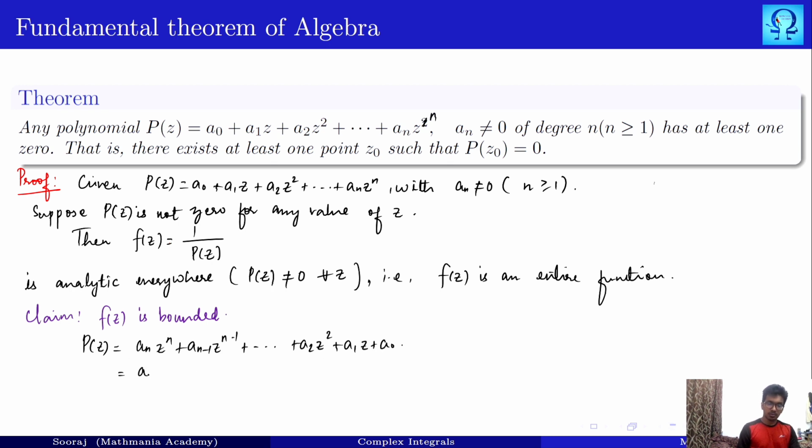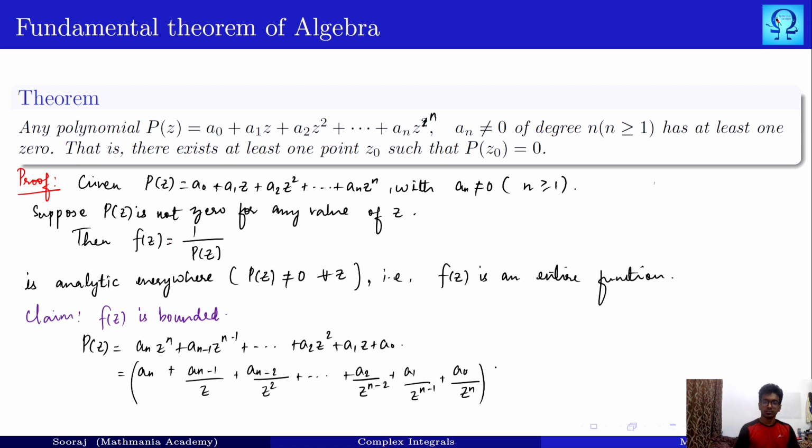Now from this, let me write an plus an minus 1 upon z, an minus 2 upon z squared, till a2 upon z to the power n minus 2, a1 upon z to the power n minus 1, plus a naught upon z to the power n, multiplied with z to the power n. Let us write it this way.